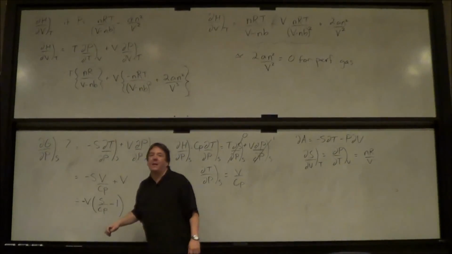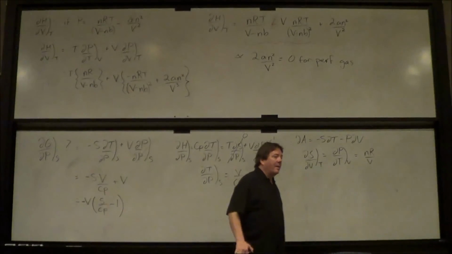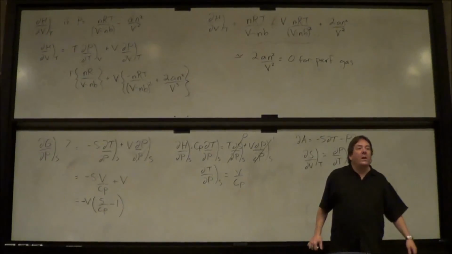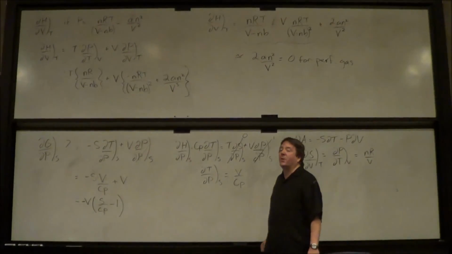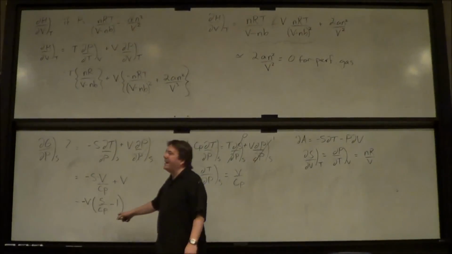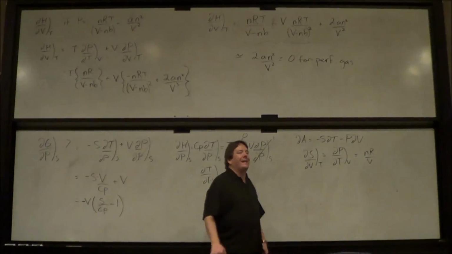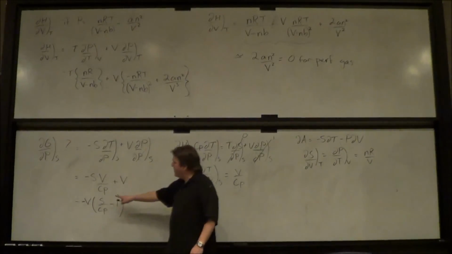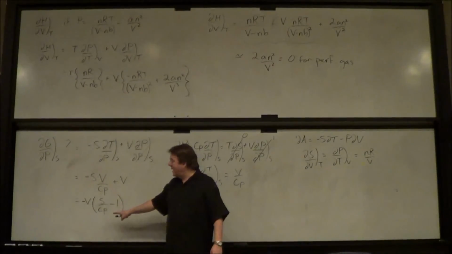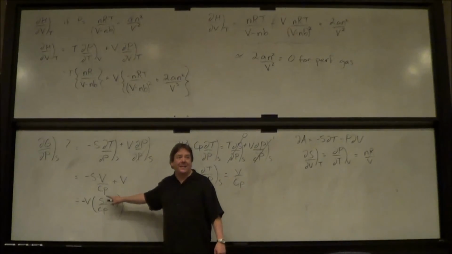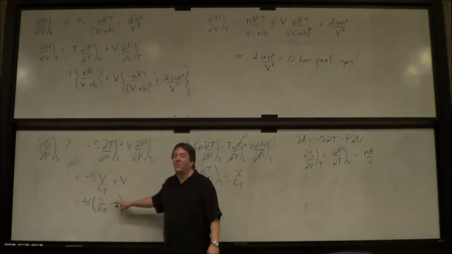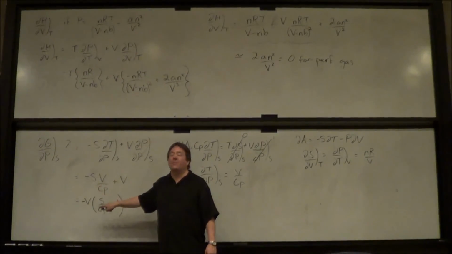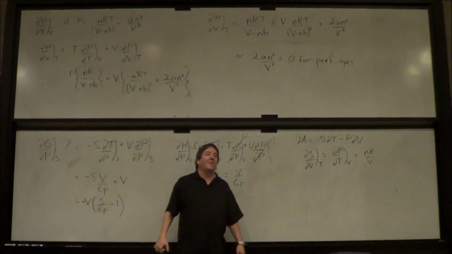It turns out that entropies of a lot of materials, a lot of gases, are in the 100 to 200 joules per K mole. CPs are 18 to 30 joules per K mole. Okay, so this term, if S's are in the hundreds and CPs are in the tens, this is greater than 1, minus 1 is positive, times a negative.